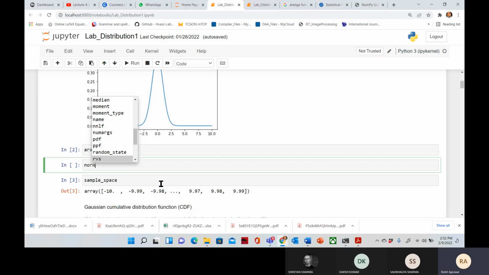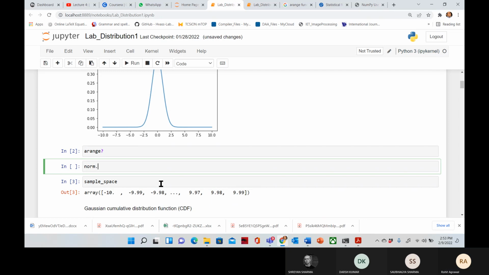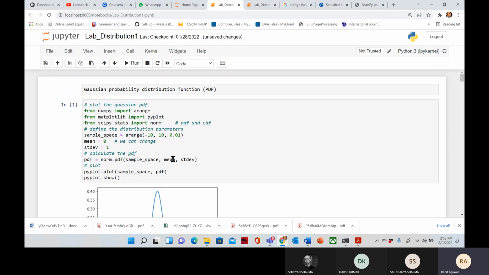A lot of functions are available in this. Clear? So we are using NumPy for our data points, and from scipy.stats we import norm for the Gaussian probability distribution functions, that means the probability density function PDF and the cumulative density function CDF.